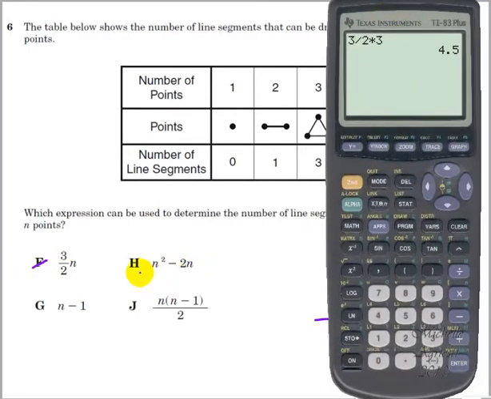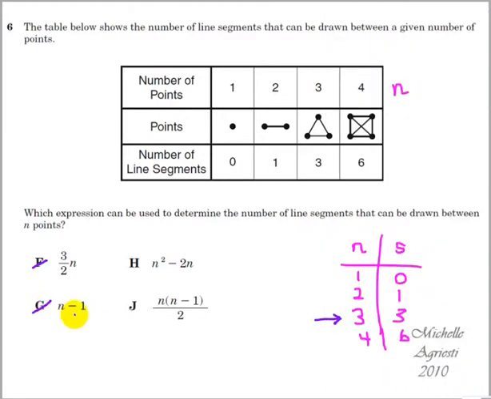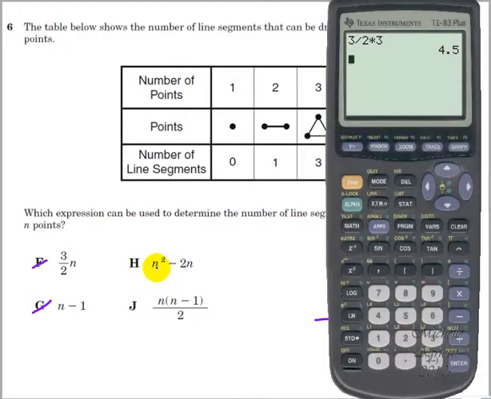Let's look at G. Oh, this I can do in my head. 3 minus 1 is 2. 2 is not 3 either. So G is out. Let's do this one. 3 squared minus 2 times 3. And I can either use the times button or the parentheses.